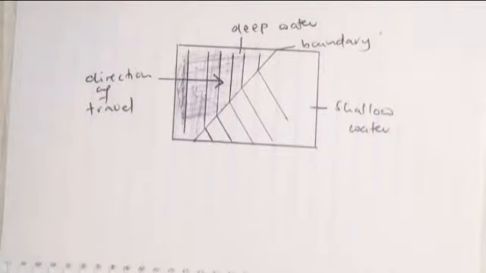Then the next question says that the depth of the shallow water is now changed so that the speed of the wave in the shallow water is 0.6 meters per second. The speed of the wave in deep water is 0.8 meters per second.